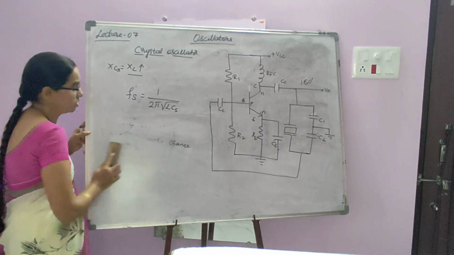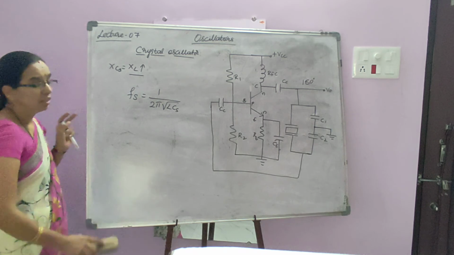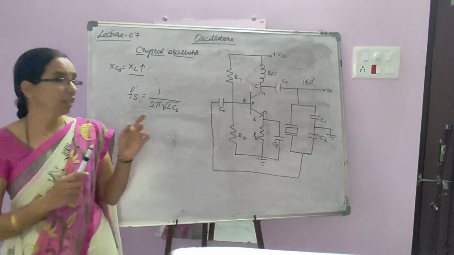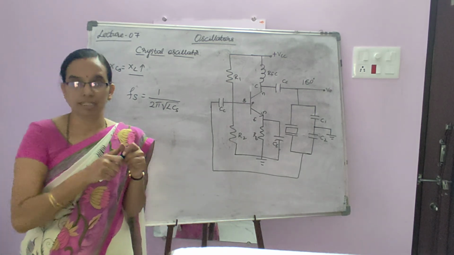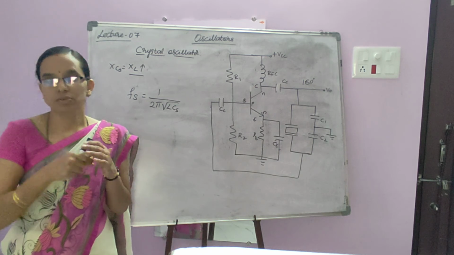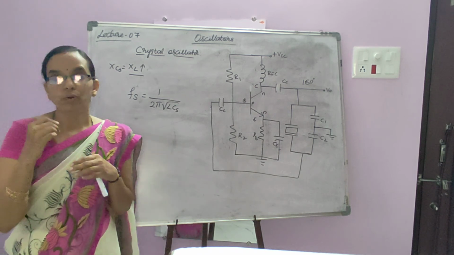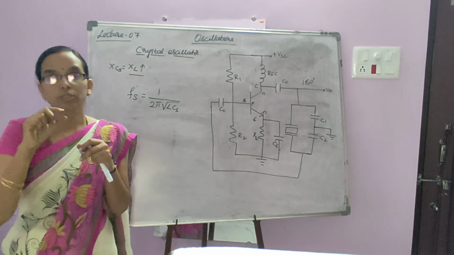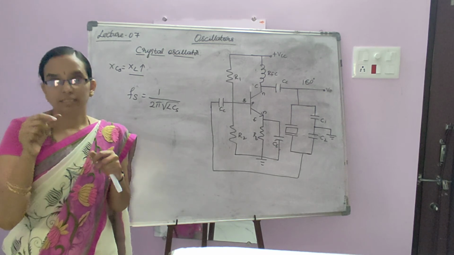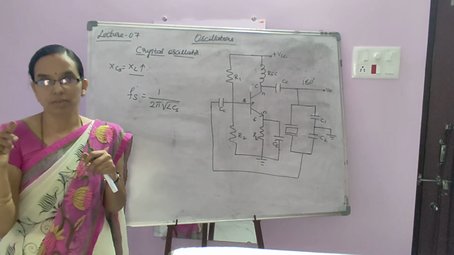And the disadvantage of the crystal oscillator is every time it will oscillate at a single frequency. In LC tuned and RC tuned oscillators, if you want to get the desired frequency, you need to just tune the inductance value or resistance value, right?